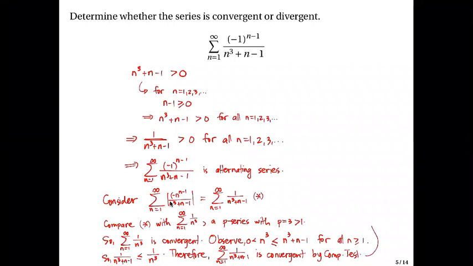So to conclude, let me just write it there. So the sum of -1 raised to n minus 1 over n cubed plus n minus 1, from 1 up to infinity, this one is absolutely convergent, okay? Question. So again, originally this guy here is an alternating series.